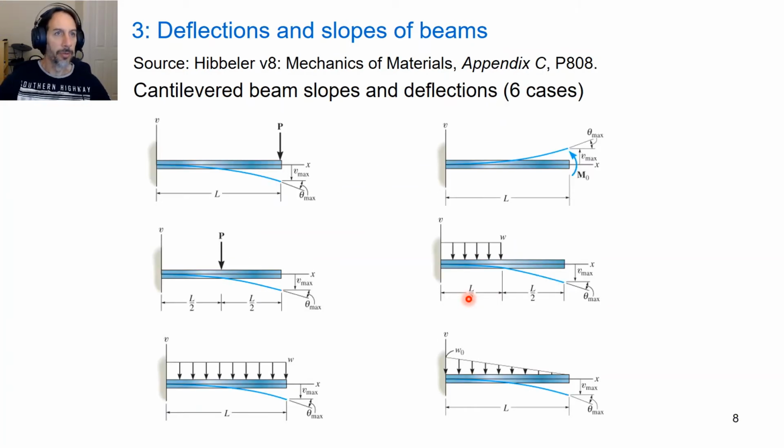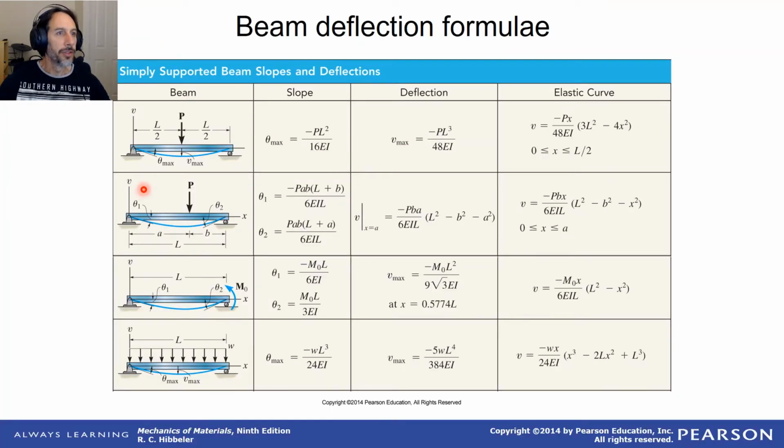We've got 6 cases for cantilevered beams, fixed at one end, free at the other, with various loadings. For each of those we have formulae that we can look up for the slope at various locations, at a given point, or the maximum. Here we've got the maximum slope, the maximum deflection, and also the elastic curve, so we can calculate the deflection at any point in the beam.